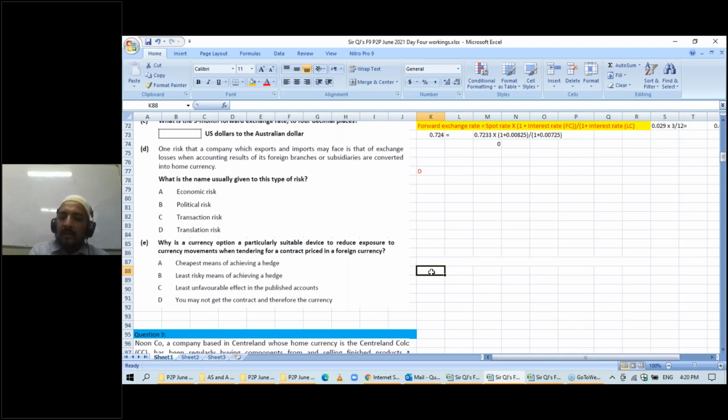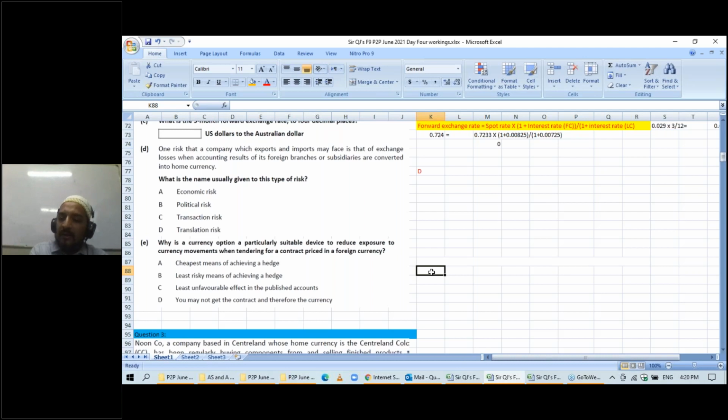Remember that if we enter into a forward contract of currency, it's a binding contract. Once we enter into it, we have to follow it, and we have to buy the foreign currency in the future. The question says that the company has not yet entered into a contract which is priced in foreign currency.